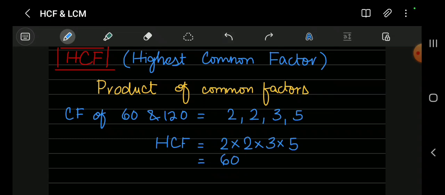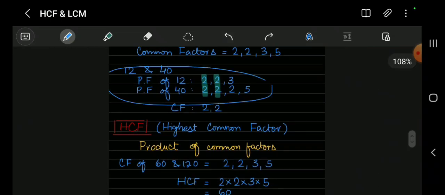Let's apply this on your second example as well, 12 and 40.